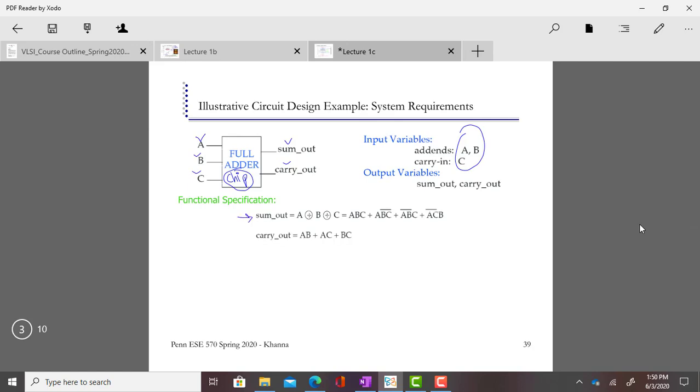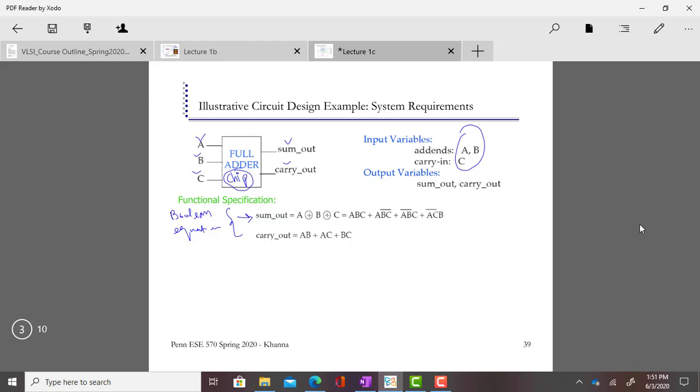This is a description, a Boolean equation. Currently, it's not in Verilog, but we can very easily write it in Verilog.